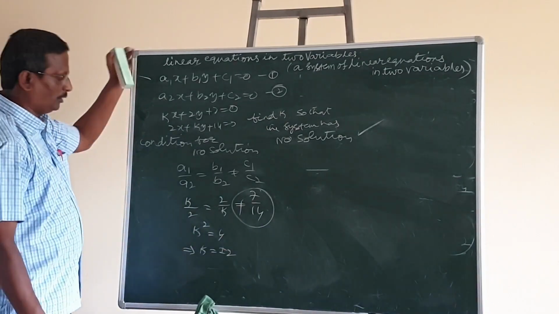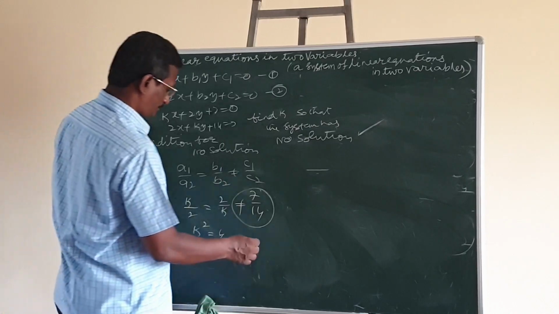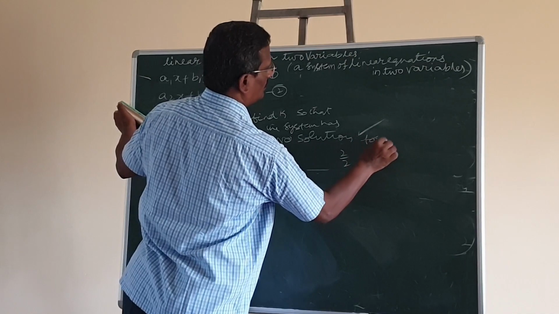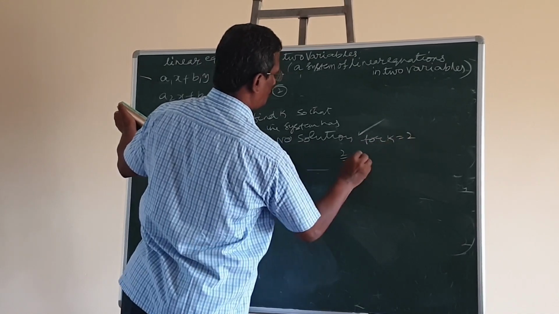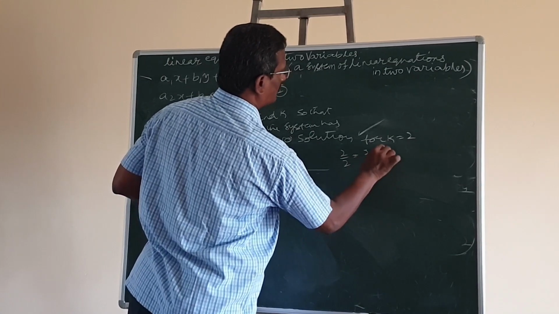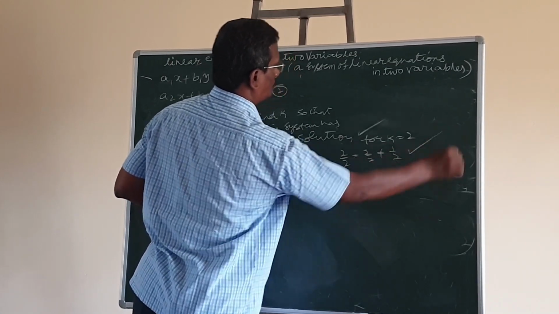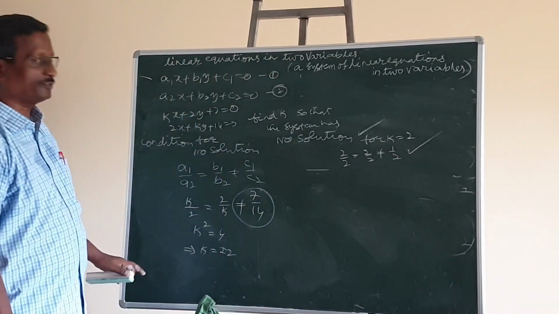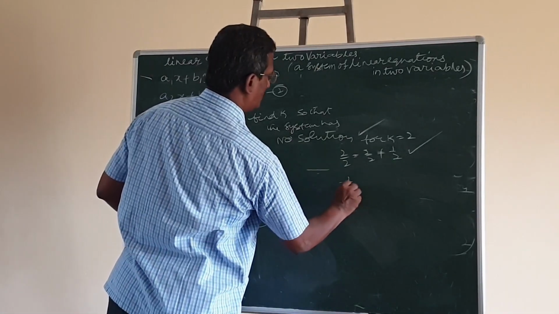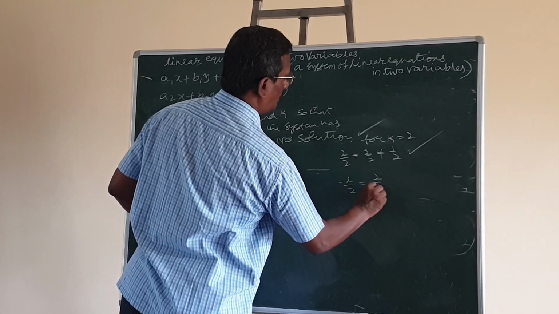On substituting the value of k is equal to 2, 2 by 2 is equal to 2 by 2 is not equal to 1 by 2, so it is satisfied. When you substitute k is equal to minus 2, minus 2 upon 2 is equal to 2 upon minus 2.